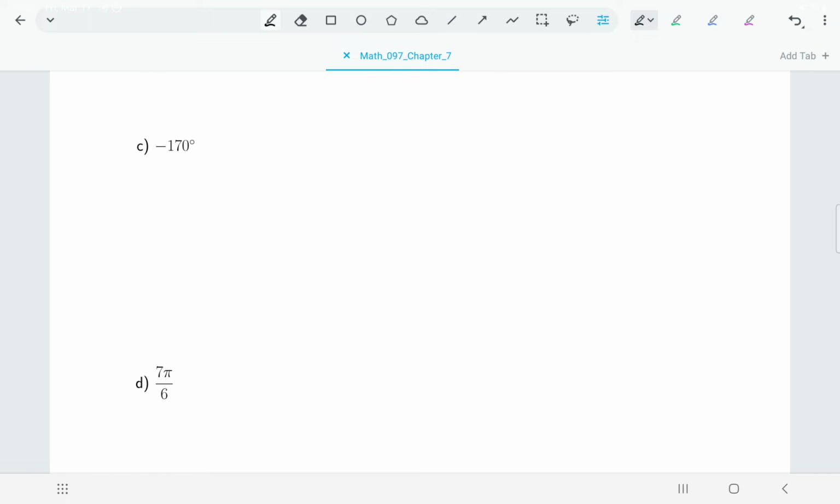All right, I'll draw a negative angle here, negative 170 degrees. Negative 170 is 170 traveling in a clockwise direction. So starting at 0, negative 90 would be at the bottom, and negative 180 would be over here. Negative 170 should be just a little bit less than negative 180.